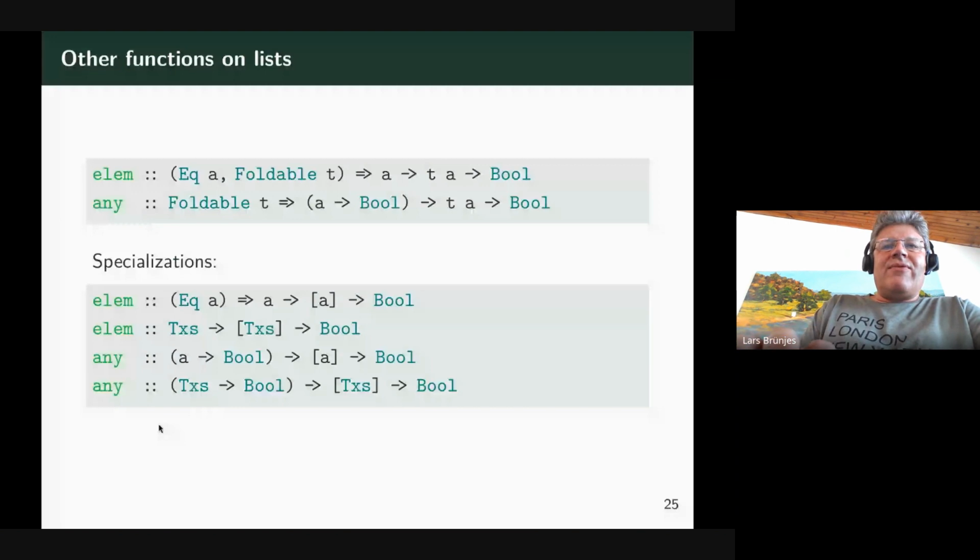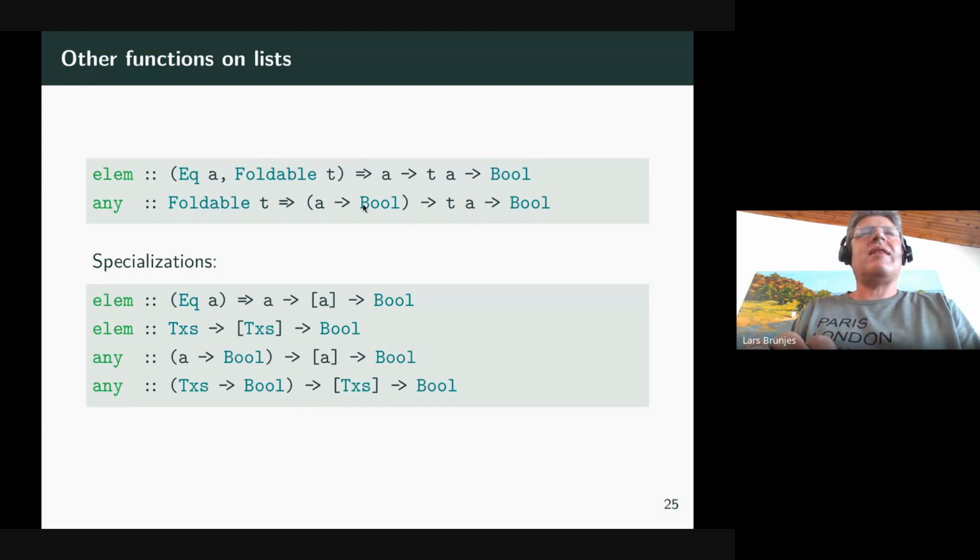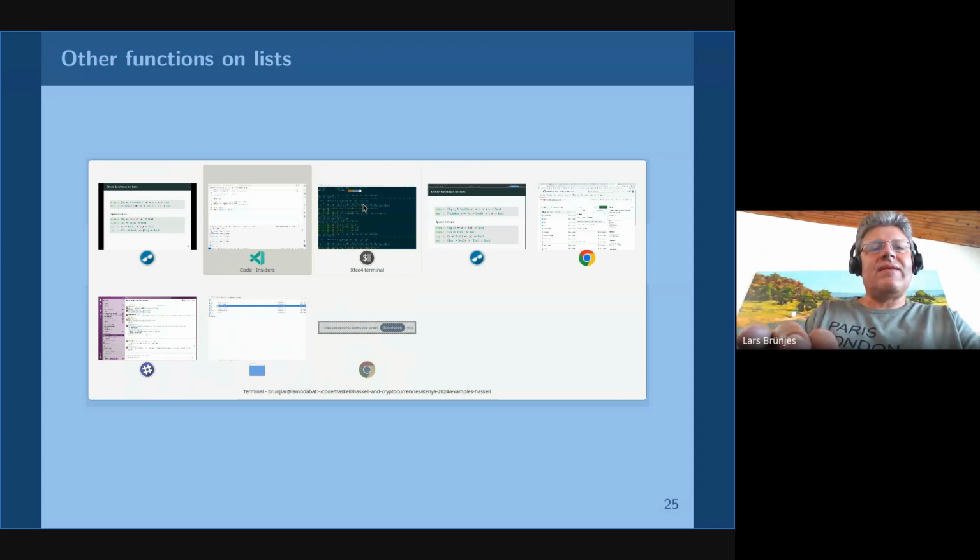Okay, what else do we have? Again, you don't have to remember all of this, and you don't have to understand all of it. It's more an overview. So we also have any. So given a container type and a predicate on elements, it checks whether there is an element in the container that satisfies the predicate. We had our has block property function on chains, which is very similar to that, but specialized to chains.